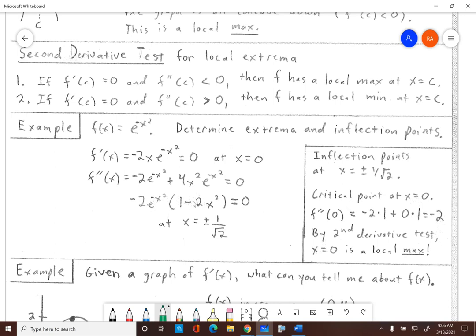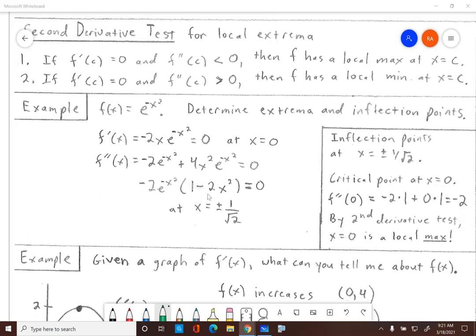So I'm going to take this specifically and set it equal to 0. 1 minus 2x squared equals 0, so 1 equals 2x squared, divided by 2, 1/2 equals x squared, square root both sides, and I get plus or minus 1 over the square root of 2.